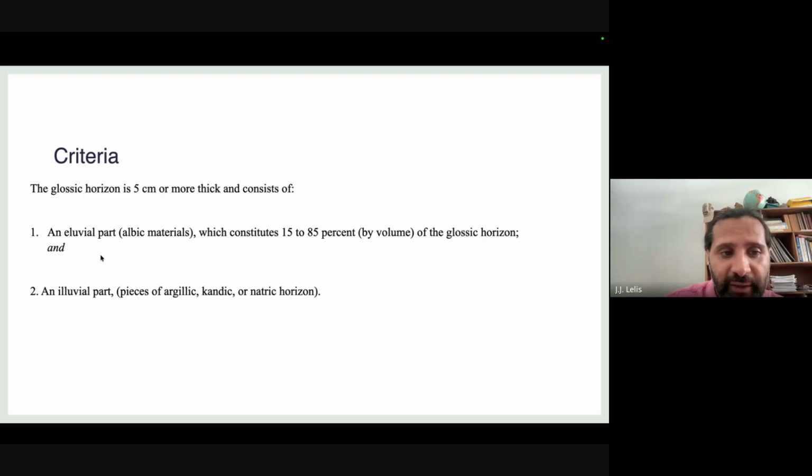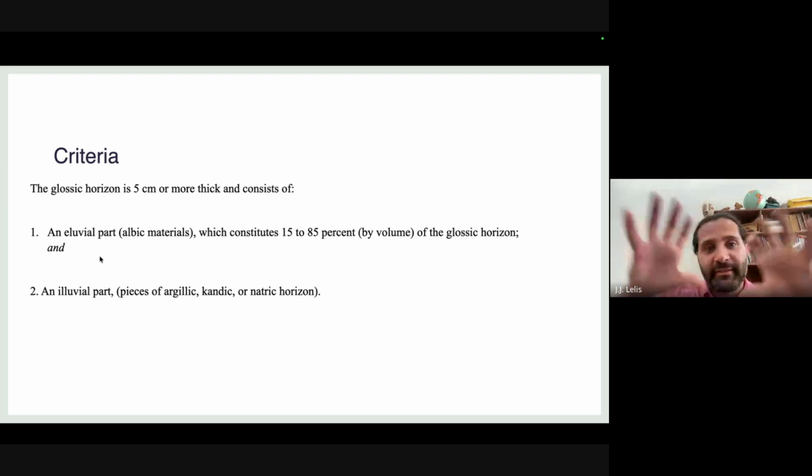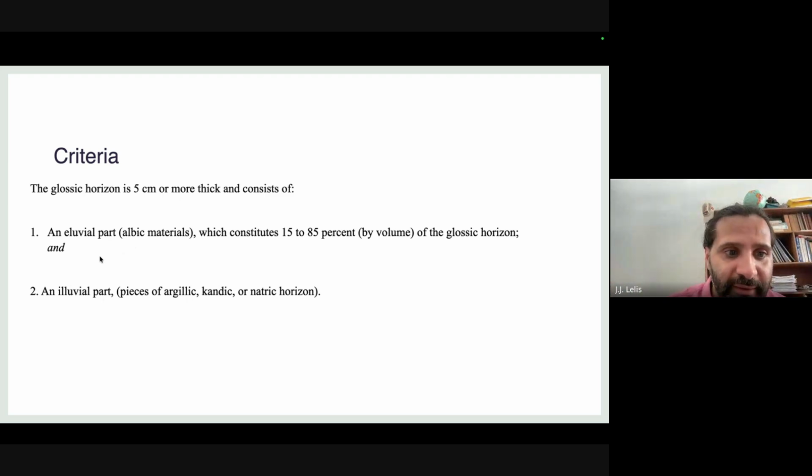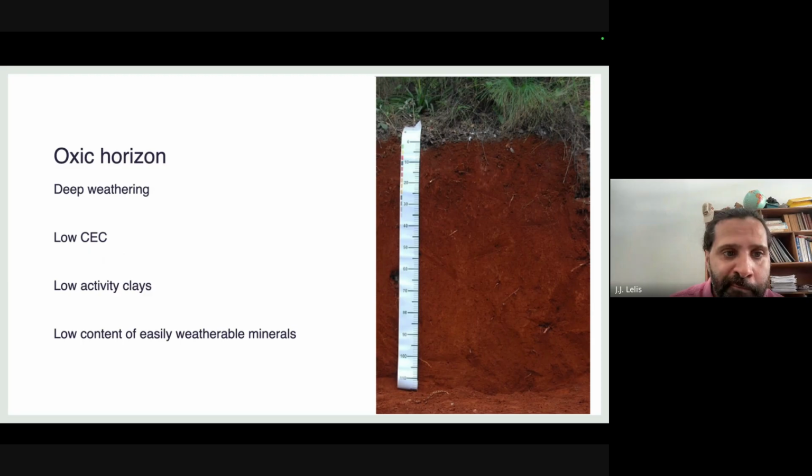You should find an E horizon and a B horizon to identify a glossic horizon. And in this case, both should be mixed in some parts of that material, okay? It's not so common to find these glossic horizons, but definitely you can see them in dense rainforests, okay? And especially when you have sandy soils, okay?